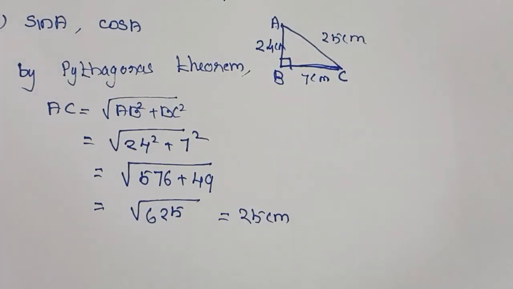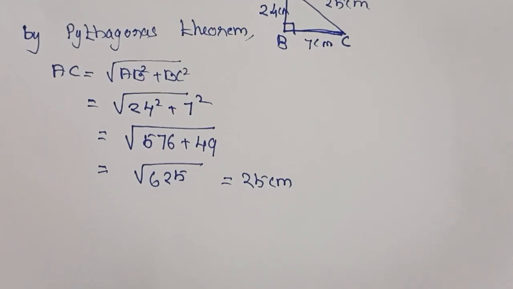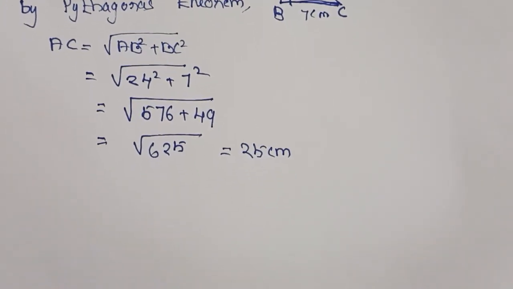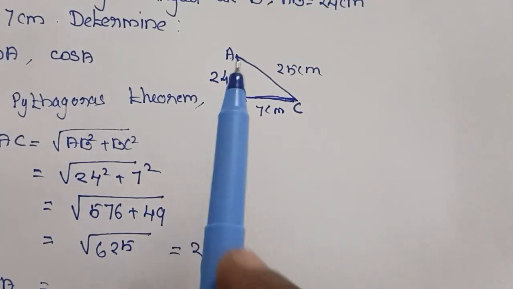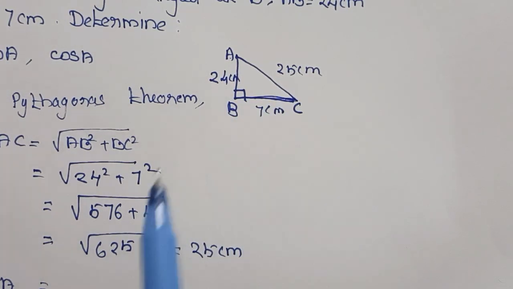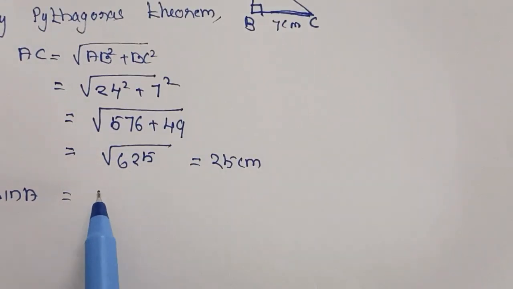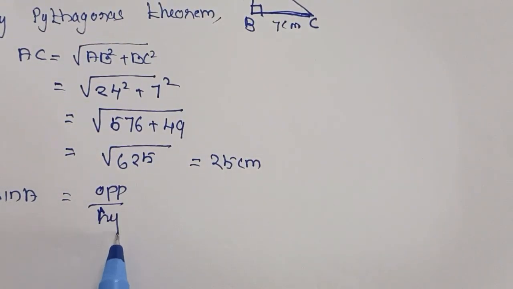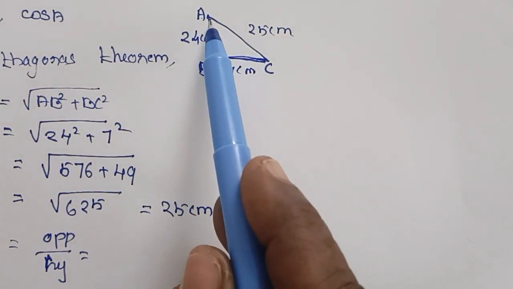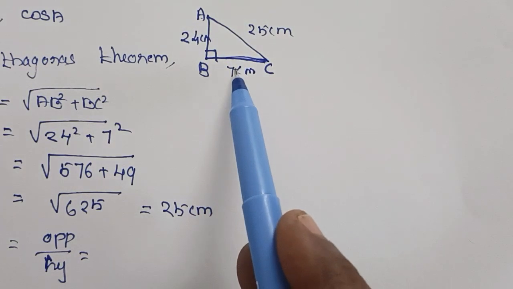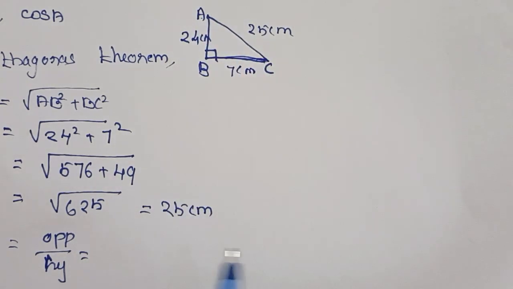Now we have to find sin A and cos A. Sin A equals opposite side by hypotenuse. Here the angle is A. The opposite side of A is BC, and the hypotenuse is AC.